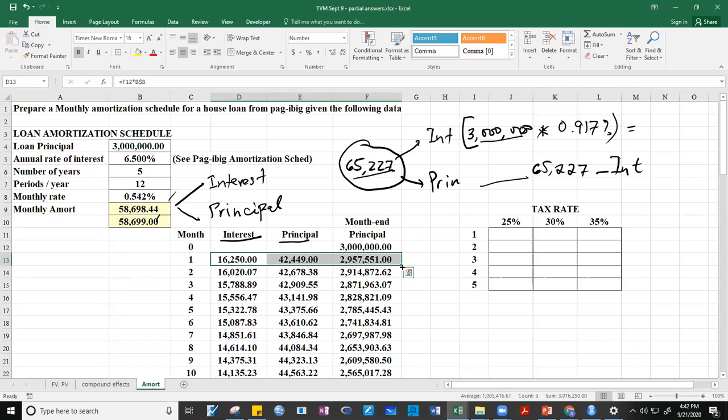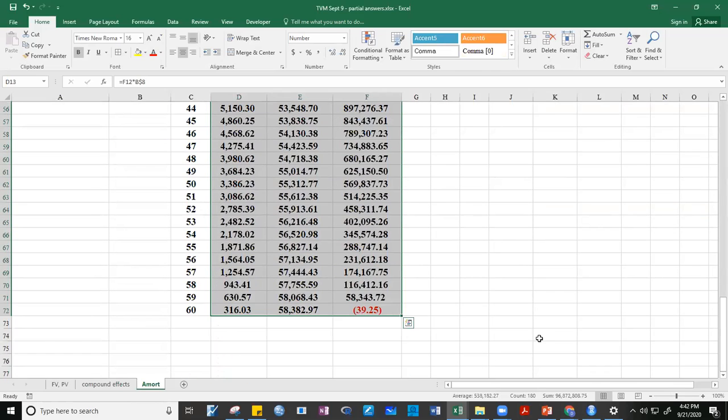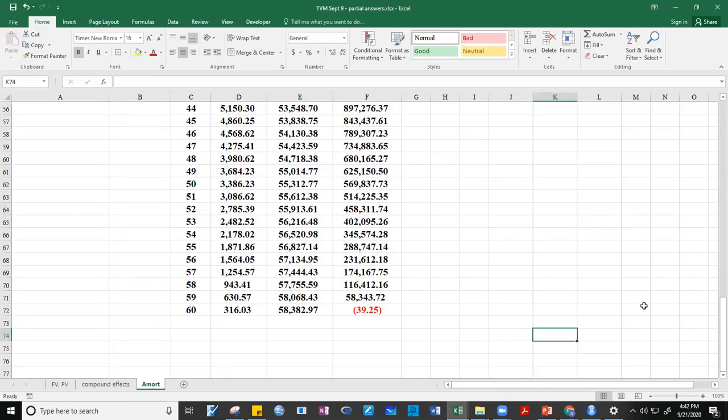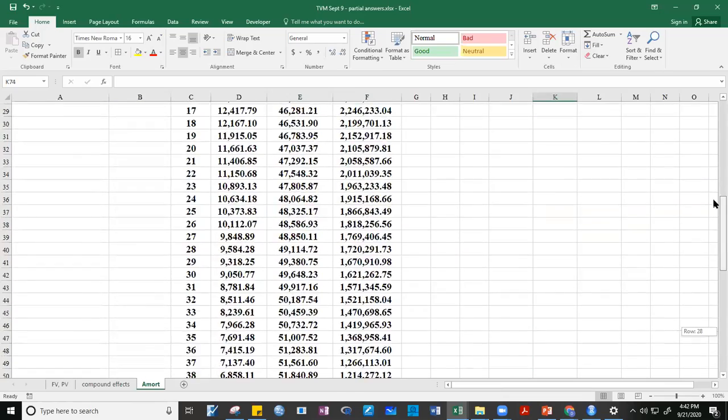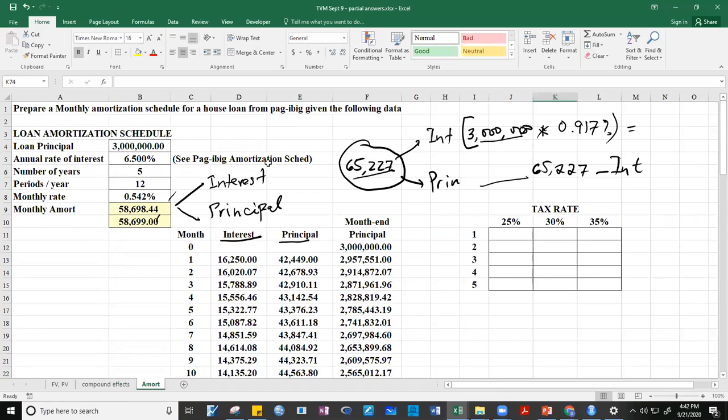Okay. So yung amortization schedule natin. Oops, may mali ako. Okay, 58. Hindi nga eksakto kasi ito yung ginamit natin. Dapat eksakto siyang 58,698.44. Okay, so, ibalik ko to ha.